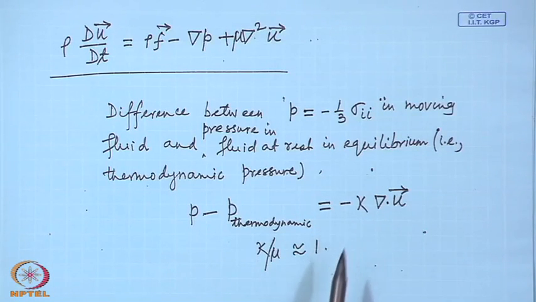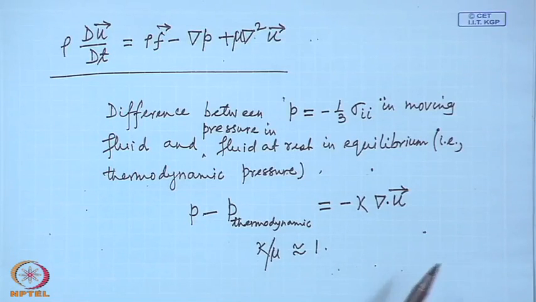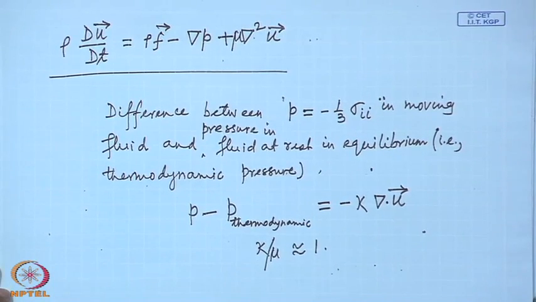The derivation is to some extent similar to the way we have derived the deviatoric stress tensor, considering isotropic fluid and all those things we did last time. So, in a similar manner this also can be derived, but we will exclude that from here.